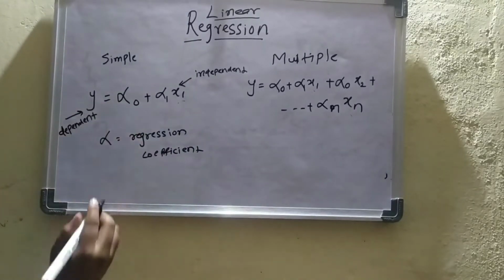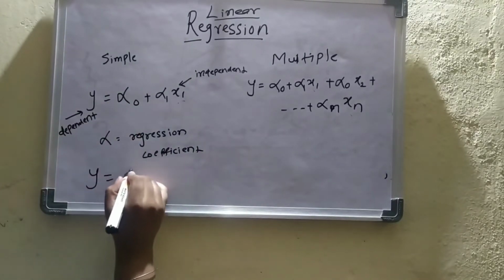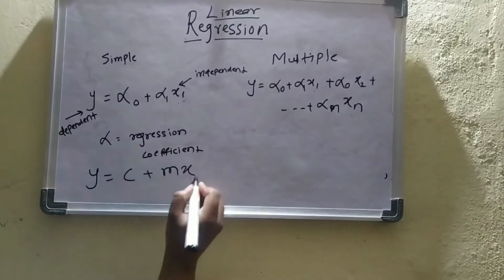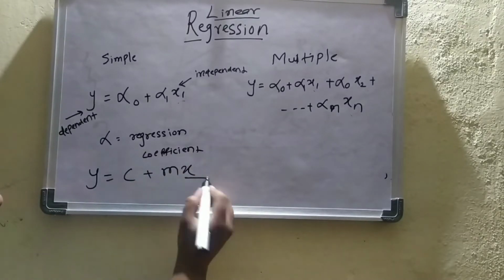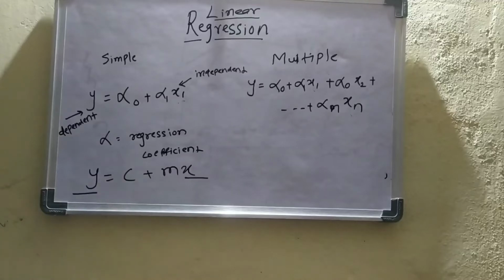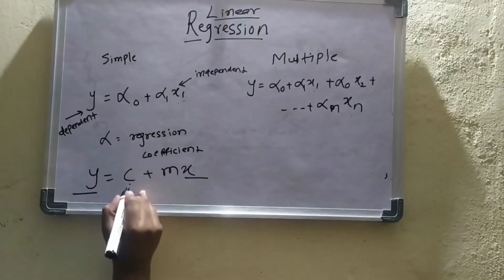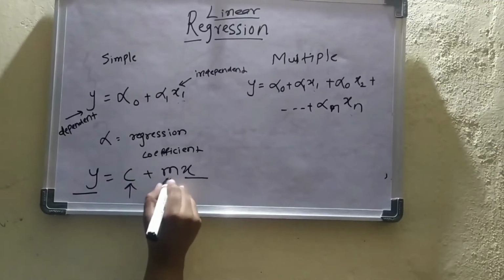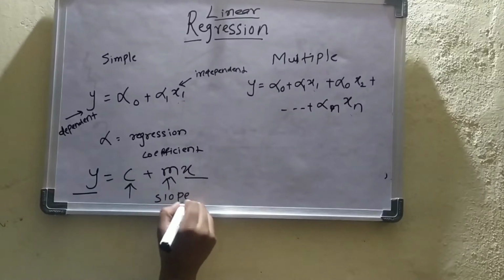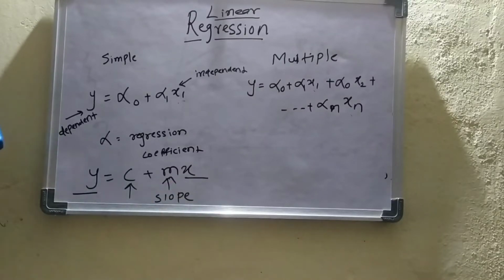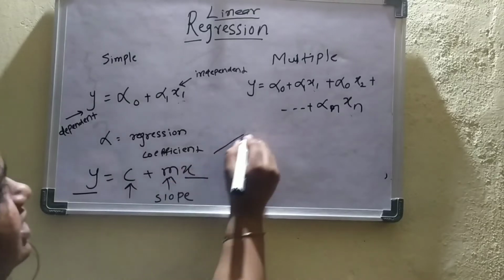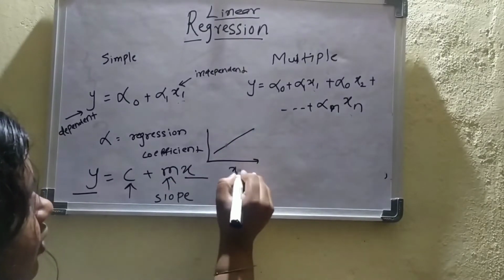This equation can be written as y is equal to c plus mx. Here x is the independent variable, y is the dependent variable, c is the constant, whereas m is the slope. As we showed in the graph, when it is simple linear regression, the graph will be straight whenever we plot x and y.